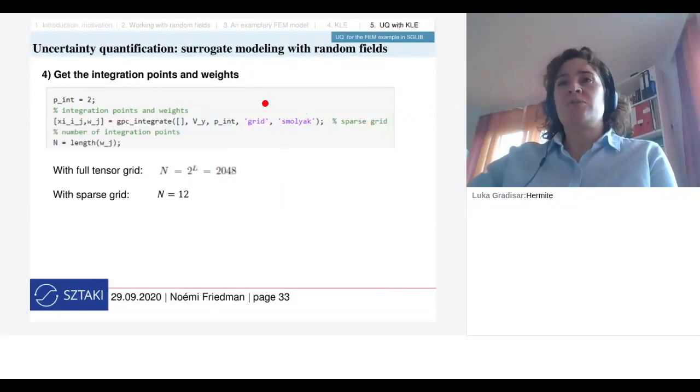So even though the sparse integration rule is not stable, we thought that our functions are really smooth, so we have no problems applying the sparse grid, and we had only 12 grid points in this case that we needed to compute.